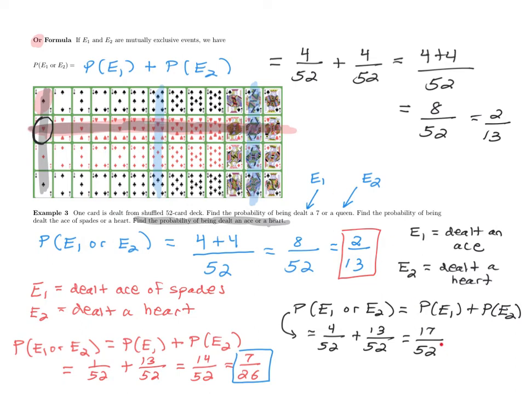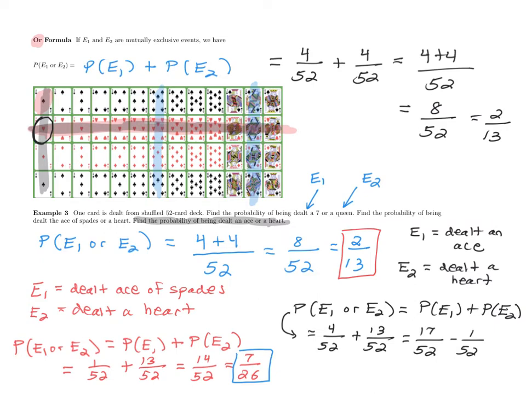This answer is very, very close to the correct answer. If you want to adjust it, you just want to take away the fact that this was doubled, that you counted it twice. So to fix this, you can subtract 1 out of 52. The reason for this is because these had exactly one thing in common, which is why I took one thing away.